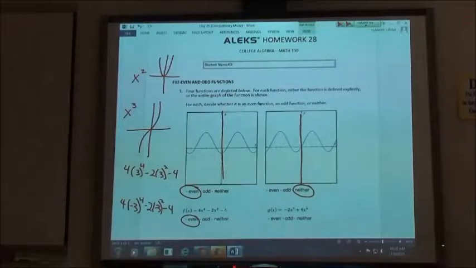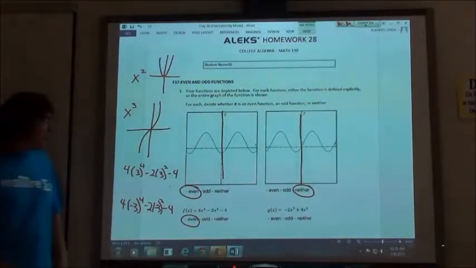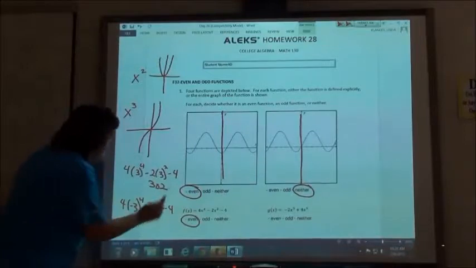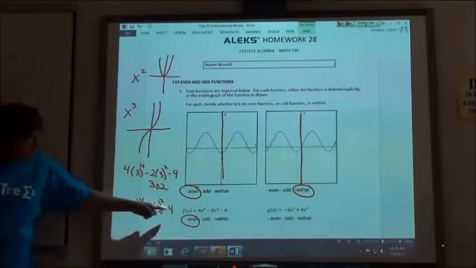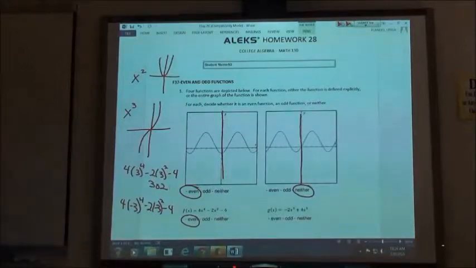I think it's a little bigger than that. 302? Sounds about right. Now if you do the same thing but put -3 in for your x's, 4 times -3 to the 4th minus 2 times -3 squared minus 4.